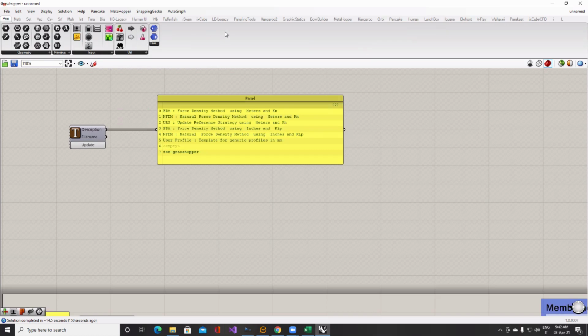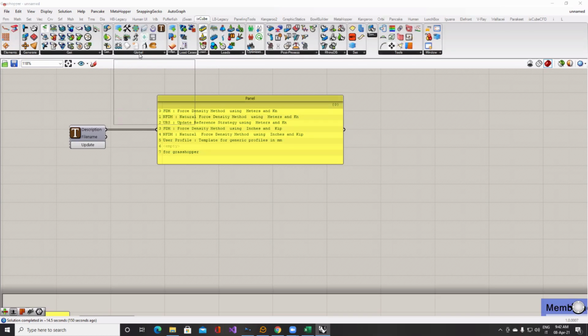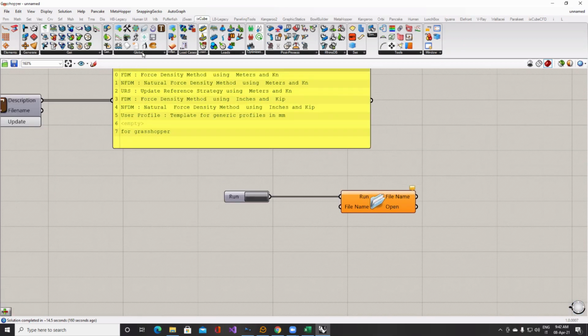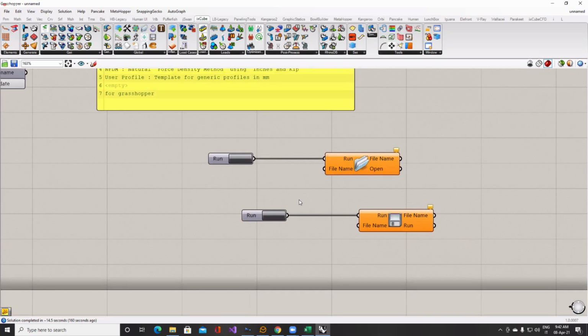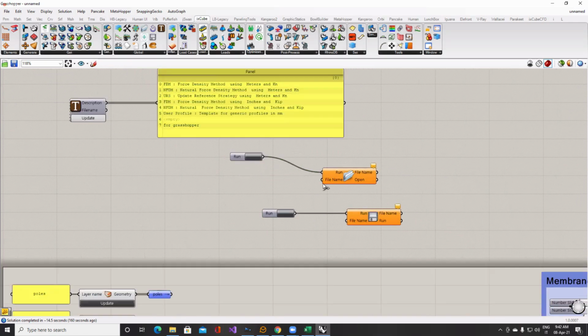And if we go back to Xcube into the global section, we have two options. The first one is open file. And the second one is save a file. What we want to do, I want to open file template number 7.